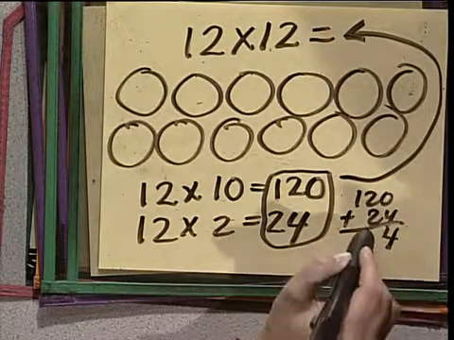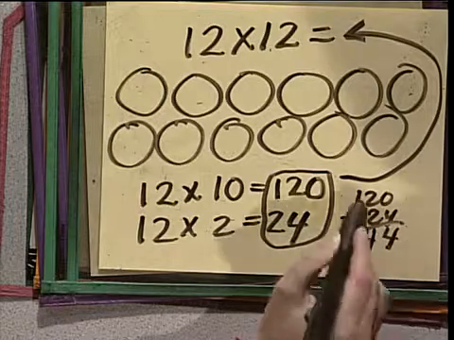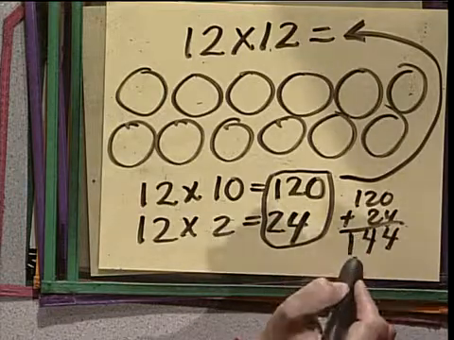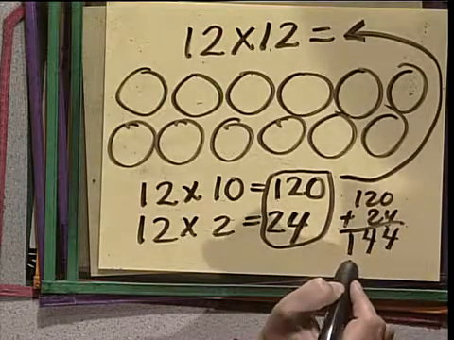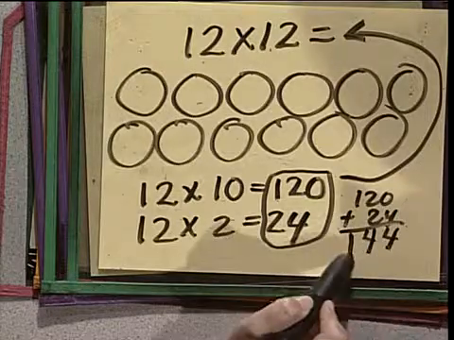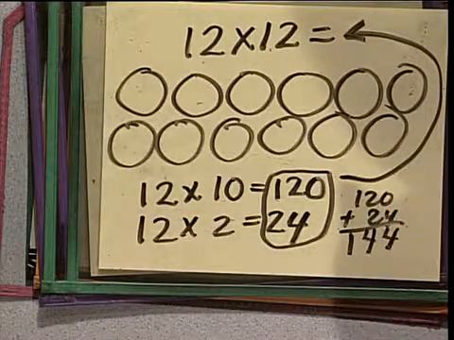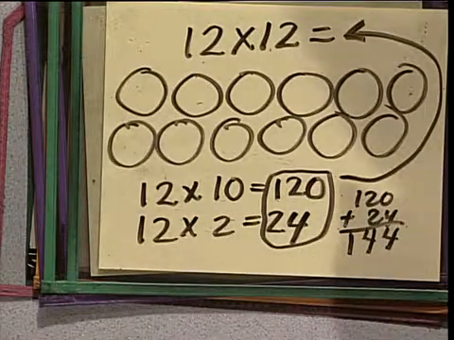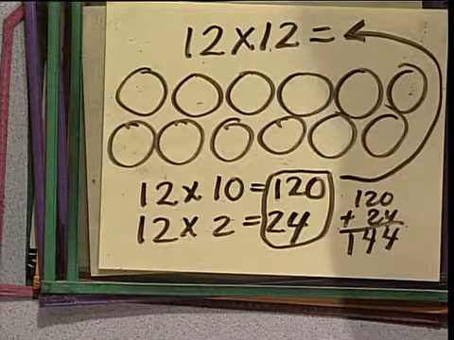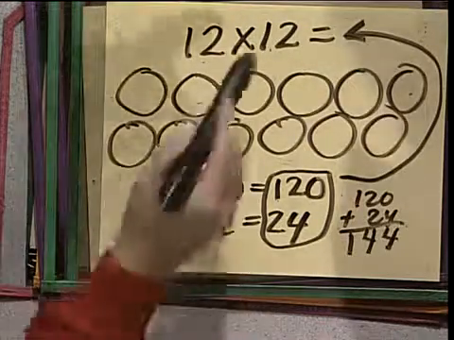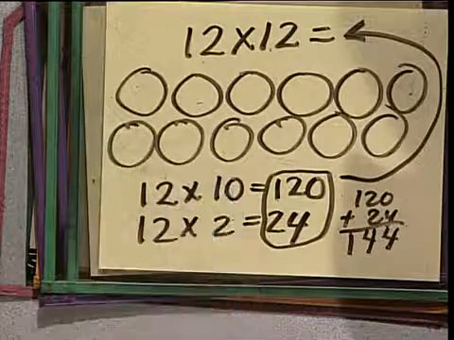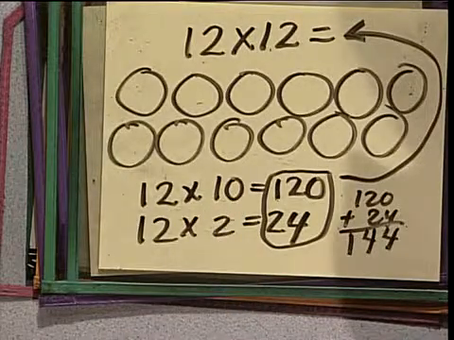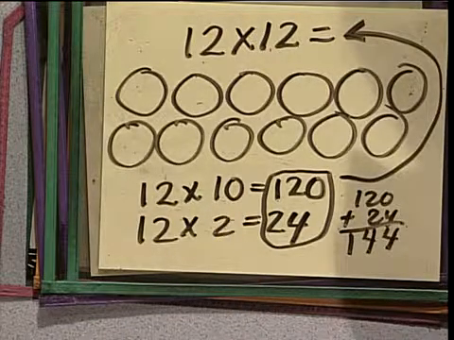What's 2 plus 2? 4. What's 1 plus nothing? 1. So our final answer is 144. Does that make sense? Yes. So sometimes with those hard facts, all you have to do is break them apart into the 2 smaller facts that you know. It can be really helpful.